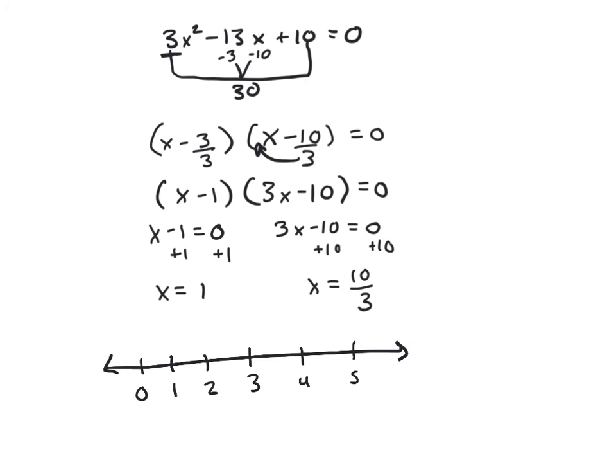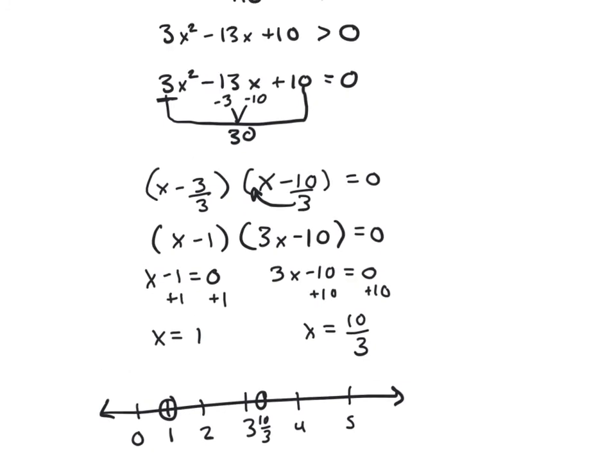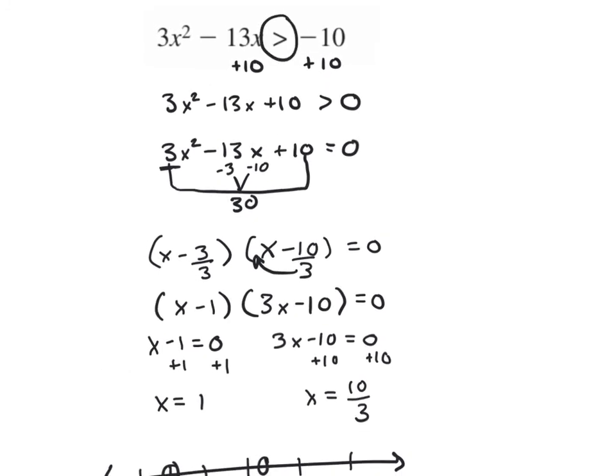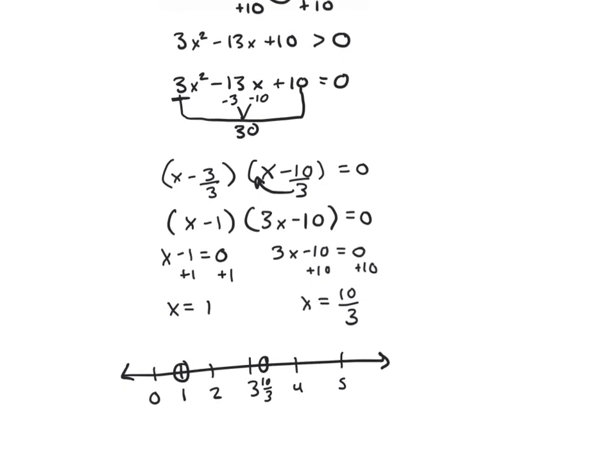So we would put our dot right there. So this is 10 over 3. And then we would put another dot at 1. Now I put open circles just because our inequality that we started with is just a greater than sign and doesn't have an equal to attached. So I'm just making a note there that I put open circles because I'm not including the 1 and the 10 over 3.